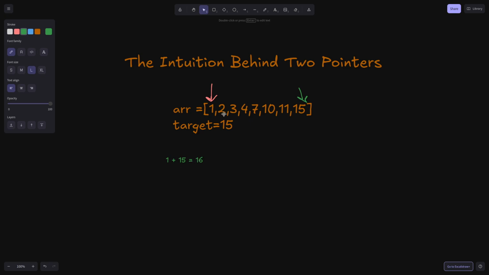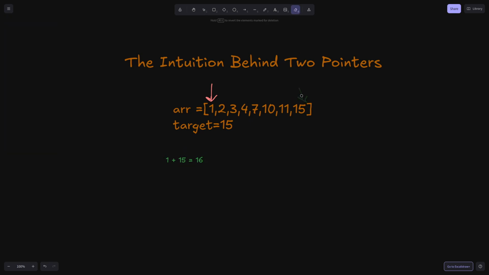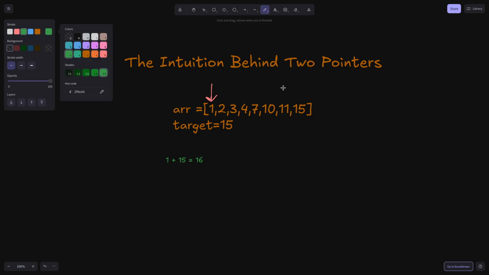So what we have to do is move the larger pointer, because if we just increase the smaller pointer, our sum will increase. So we have to reduce this to its previous one. Okay, so let's remove it and we can point to 11 now. Now what is the sum?